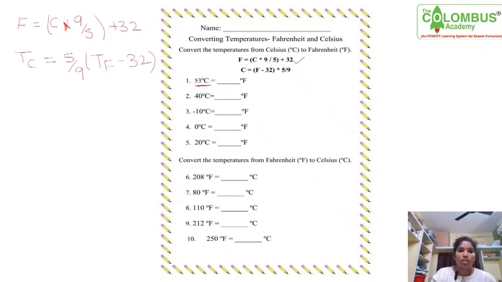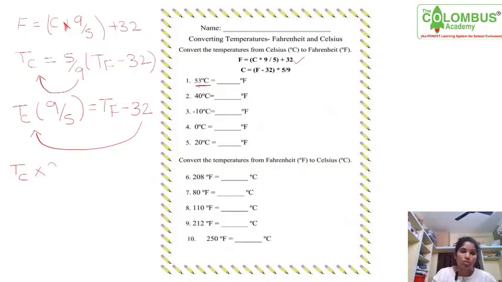Send this 5 by 9 over, it becomes 9 by 5. Send this 32 to this side, minus becomes plus. So temperature in Celsius into 9 by 5 plus 32 is equal to temperature in Fahrenheit.